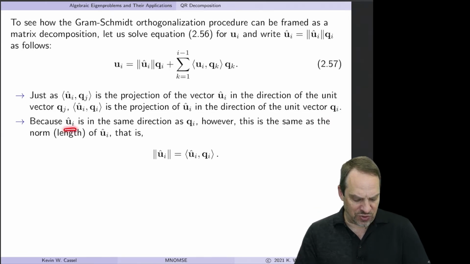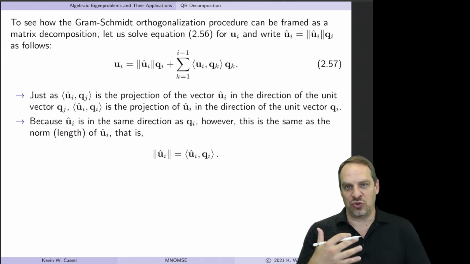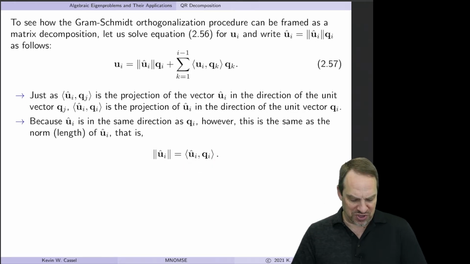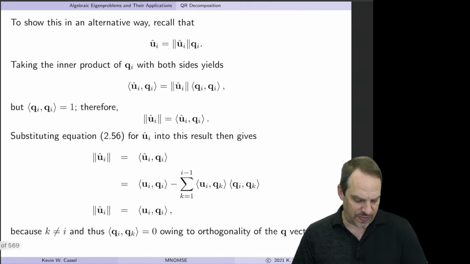Also, we have that ui hat is in the same direction as qi, because qi is just the normalized version of ui hat. So therefore, we have that the norm of ui hat is equal to the inner product of ui hat with qi. All right, so this is just some manipulation of the inner products and norms to get this relationship, which of course you can see right here.